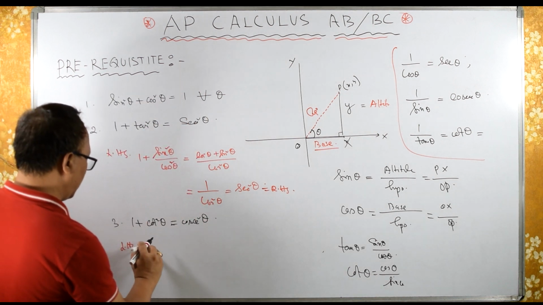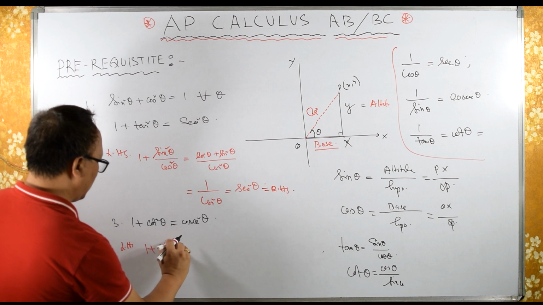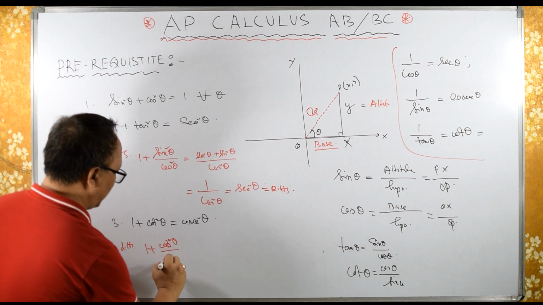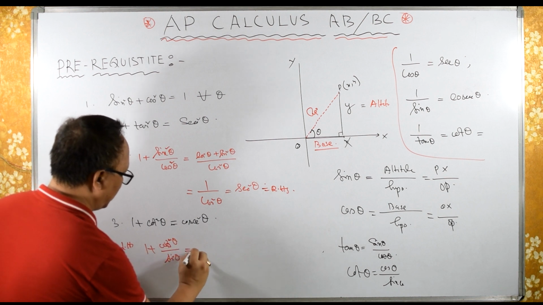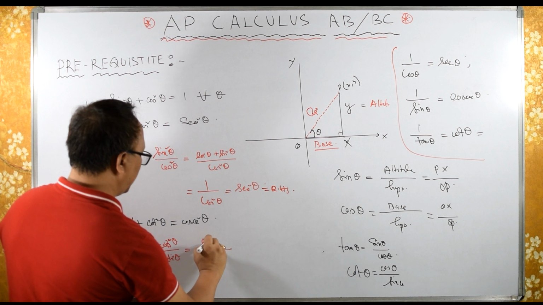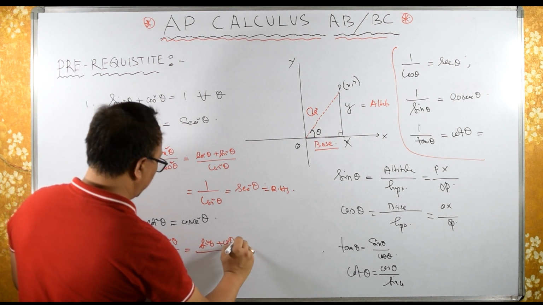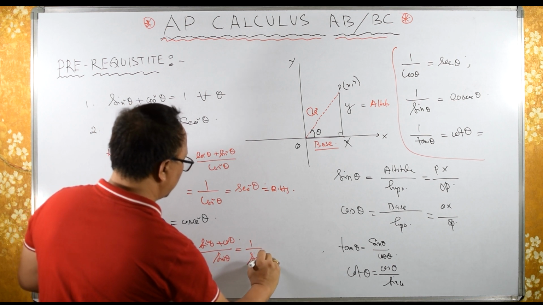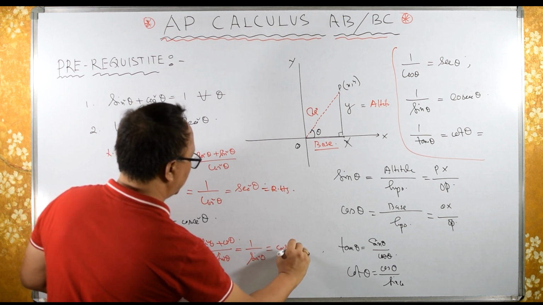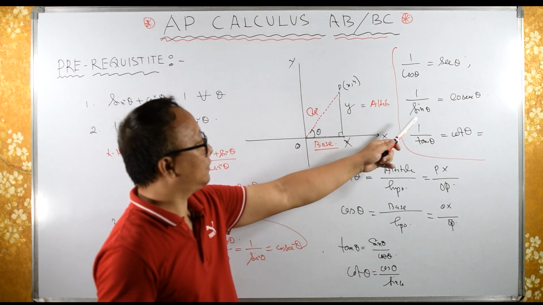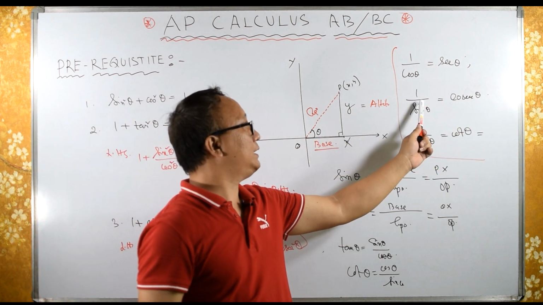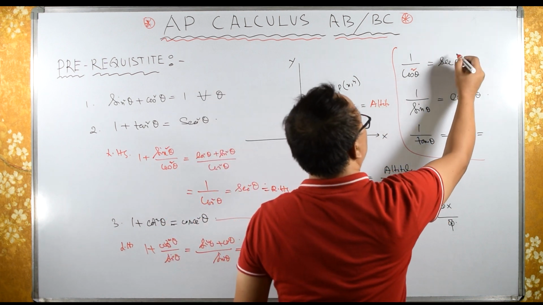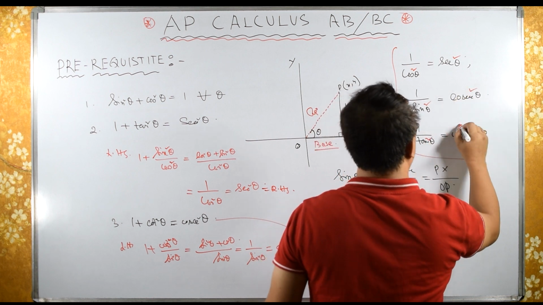Left hand side, 1 plus cot^2 theta is 1 plus cos^2 theta upon sin^2 theta, which equals sin^2 theta plus cos^2 theta upon sin^2 theta. 1 by sin^2 is what? Cosec^2 theta. If it is square, then square. If it is not square, then not square.